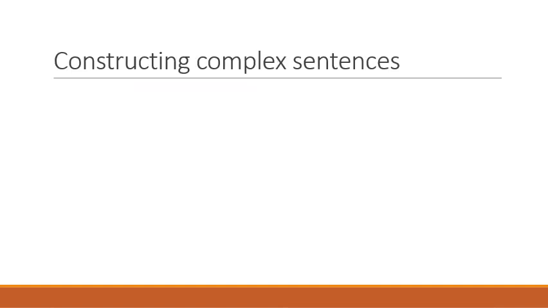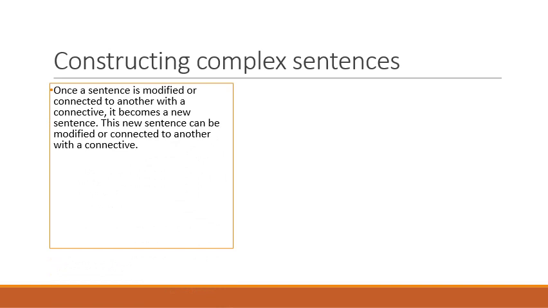So from these simple sentences and these simple connections where you take a simple sentence and make a complex sentence, it's important to note that you can keep on going and construct more complex sentences. So bear in mind that once a sentence is modified or connected with a logical connective, it becomes a new sentence, and that new sentence has truth value.